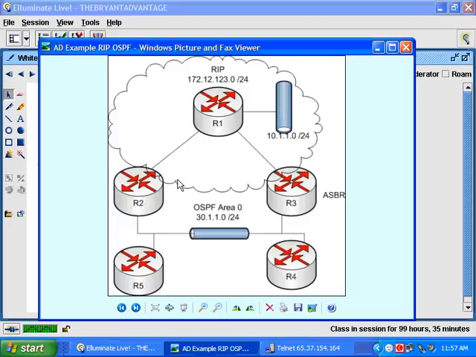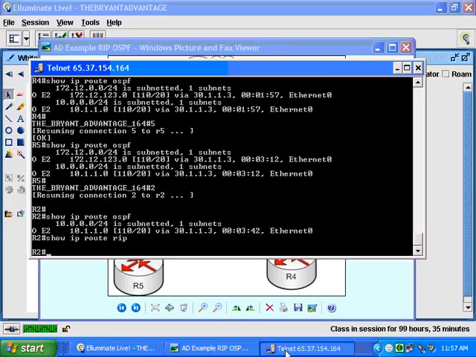That is suboptimal routing. Let's bring the tables back up here, looking at the OSPF and RIP tables. We don't expect 172.12.123.0 to show up in the RIP or OSPF routing tables because it's a directly connected network.